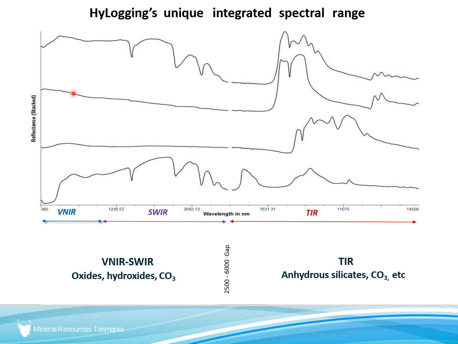Other minerals don't have much happening in the shortwave infrared, and all the action occurs in the thermal infrared. And generally, the minerals which we can see better in the shortwave are oxides and hydroxides, and in the thermal infrared are anhydrous silicates.